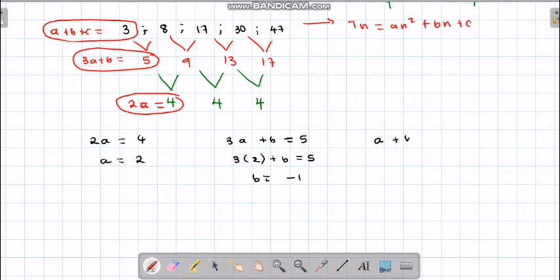Then a plus b plus c is equal to 3. Then we'll have our a is 2 minus 1 plus c, which is equal to 3. Therefore our c is equal to 3 minus 1, which is 2.